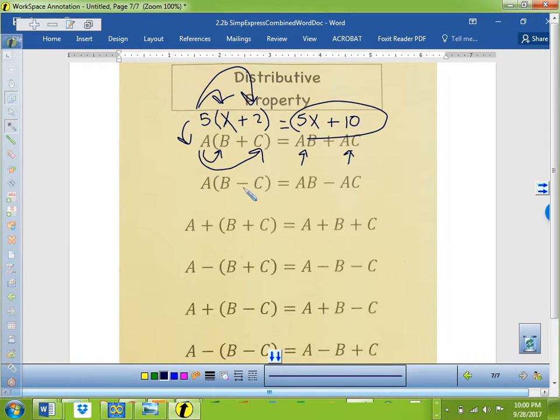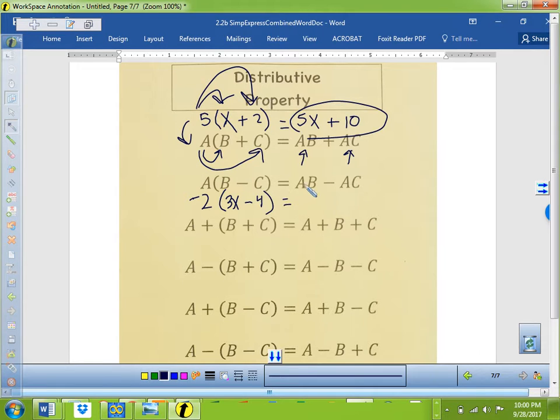There's other examples when it's subtract. You can kind of see what happens. You subtract here, but I'll give you one more example. If I have, we'll do another one below this, negative 2 times 3x minus 4.